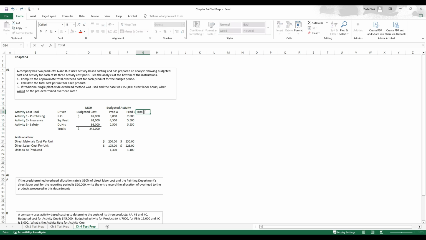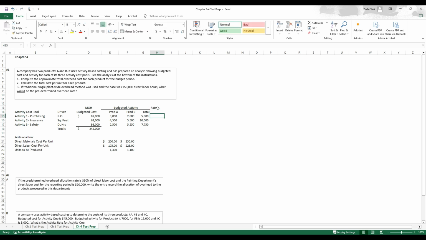So let's just say total. And I'm just going to merge these so you can see that it relates to all of these. So we're just going to add together the amounts here. These are the individual drivers per product, but this is the total, and we want the total because that's going to give us the rate.